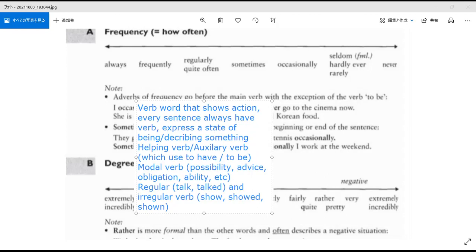The bear is eating and the bear smells like cinnamon. It's like describing something.